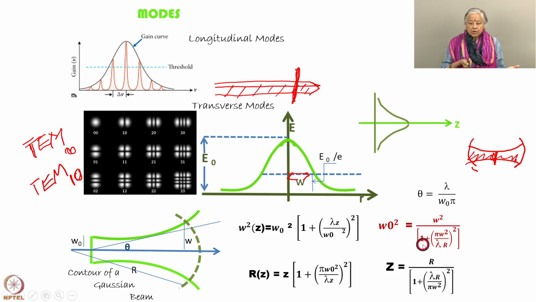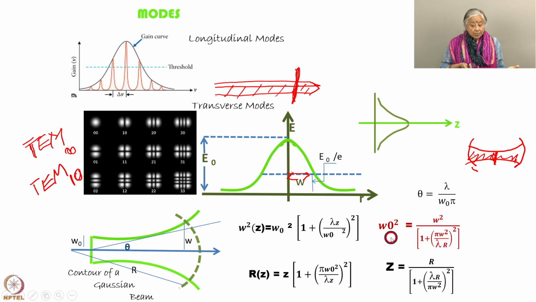So, the most important is this theta, which depends on lambda, the wavelength of that laser beam, omega 0, the waist here, and pi. So, I have got an idea of what theta is like. That means I know at what angle the laser beam is expanding and at what point.